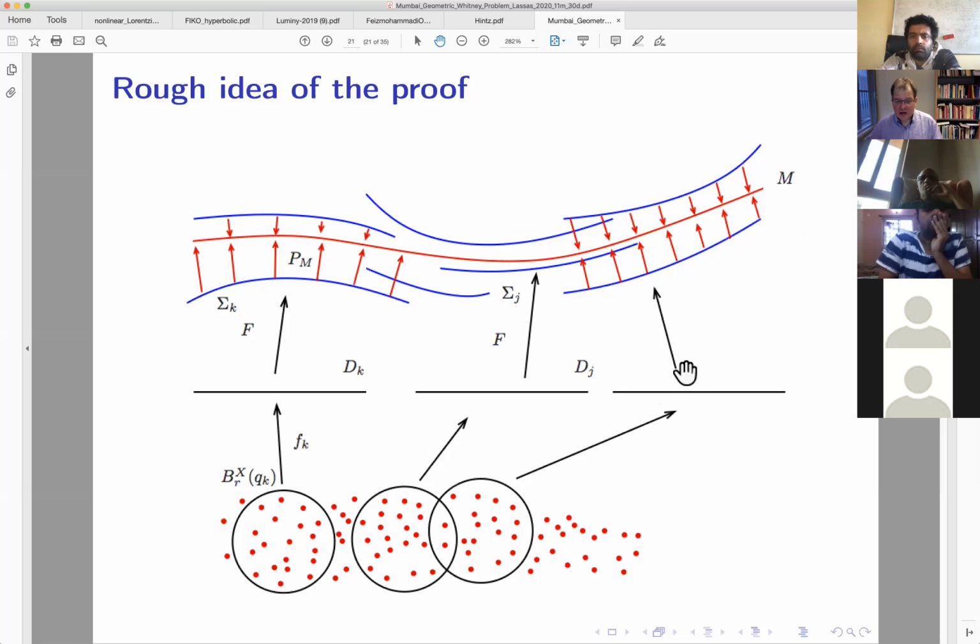This embedding is constructed in such a way that for two balls that intersect, when I embed them first to disks and then to Euclidean space, this blue curve coming from this ball and this blue curve coming from that one are almost intersecting. They are quite close to each other.